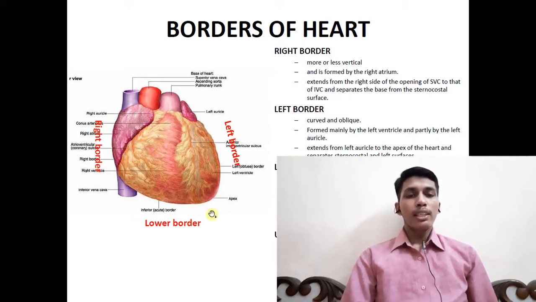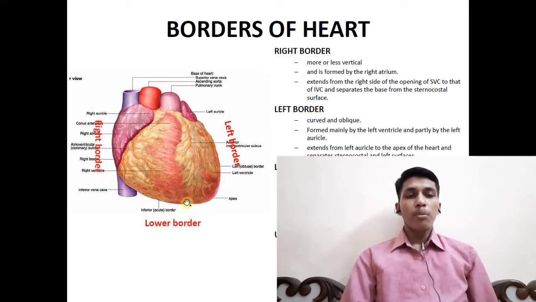Now the lower border. Lower border is nearly horizontal, as we see here. It extends from the inferior vena cava to the apex of the heart, and it is formed mainly by the right ventricle, as we see here. It is mainly formed of the right ventricle, but it also includes some part of the right atrium and some part of the left ventricle or the apex of the heart.